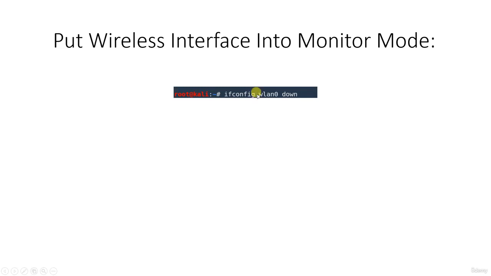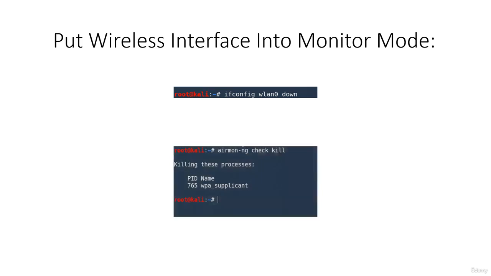This is the interface that you need to disable first. This interface may vary from machine to machine. Your interface may be like wlan1 or wlan0, so make sure you check yours. So disable that and run the command that will kill the processes that could interfere with changing the wireless interface into monitor mode.